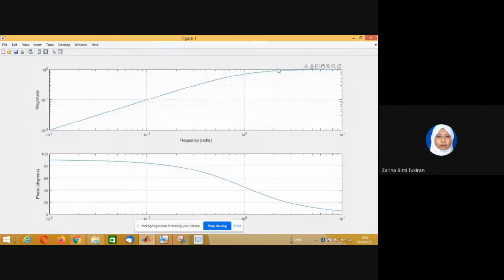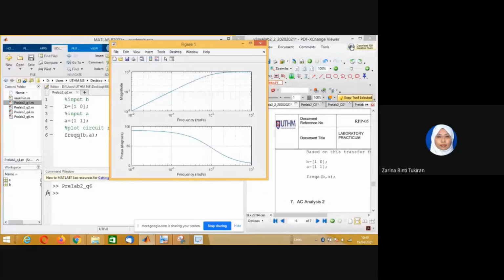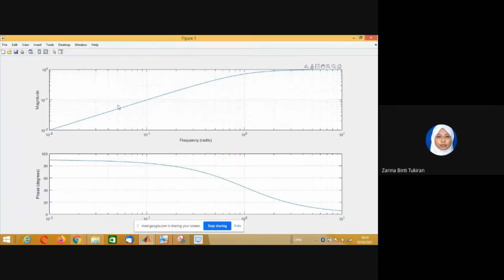So this is the graph that you get from the freqs function. In the freqs function, the response for the circuit is given to you by plotting the magnitude graph and also the phase graph. In the magnitude graph here, you can see this indicates that this is a high pass filter.